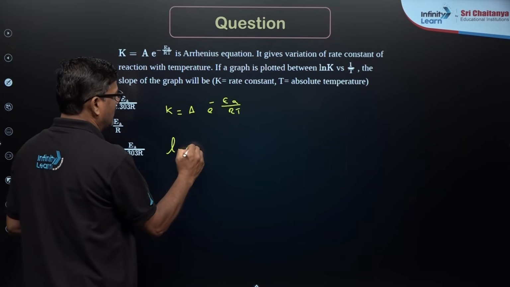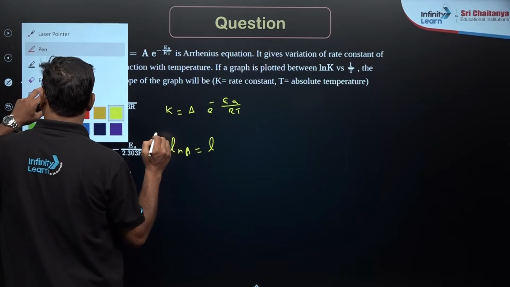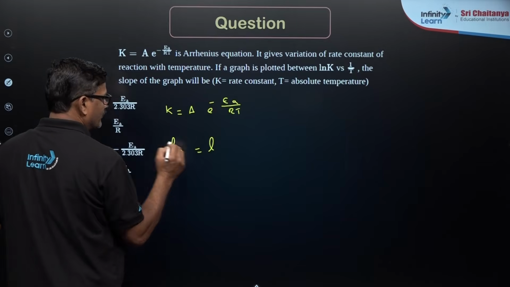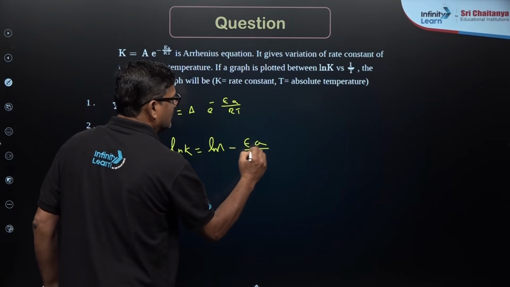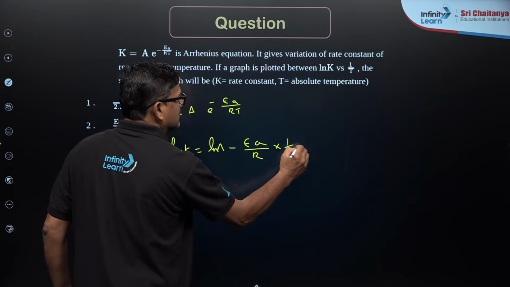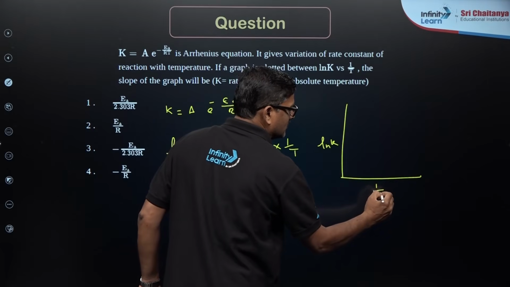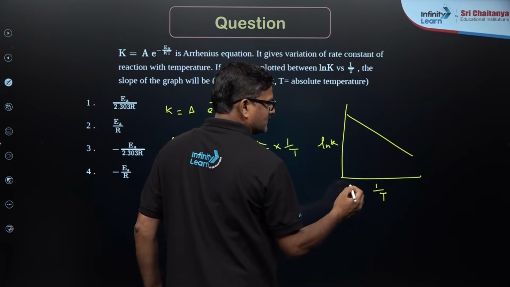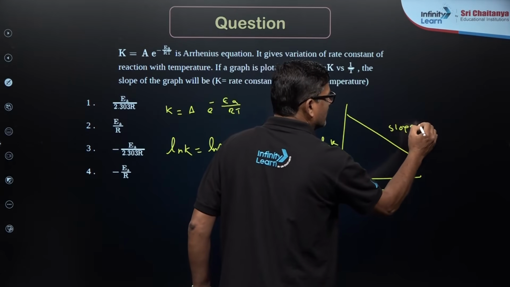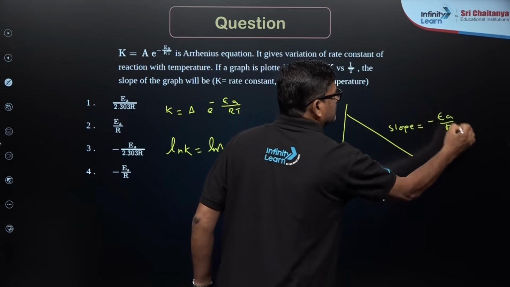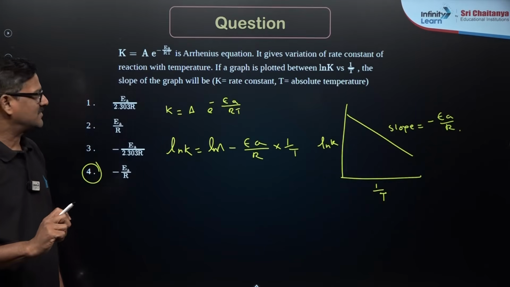You can say ln k is equal to ln A minus Ea by R into 1 by T. You take a graph between ln k and 1 by T, you are going to get a straight line, and this straight line gives rise a slope which is going to be negative Ea by R. Okay, the answer for this question is going to be option 4.